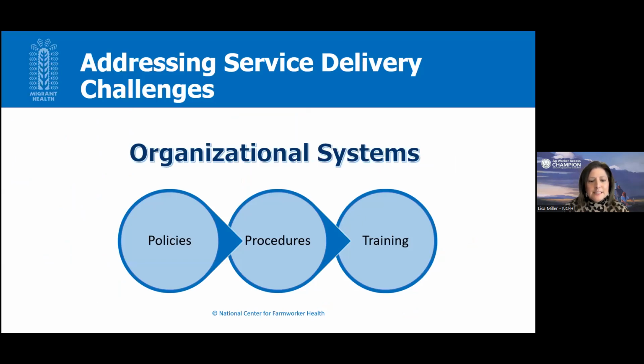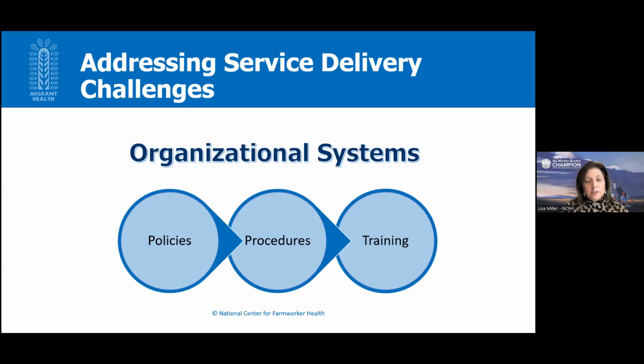And we recognize that there are service delivery challenges and other systems barriers that can stand in the way of providing these great outreach and enabling services. So there are three main organizational systems that can lead to overcoming these barriers and are essential to have in place within your organization. And they include policies, procedures, and training. So one of the things that we work with health centers on is migrant health action planning.